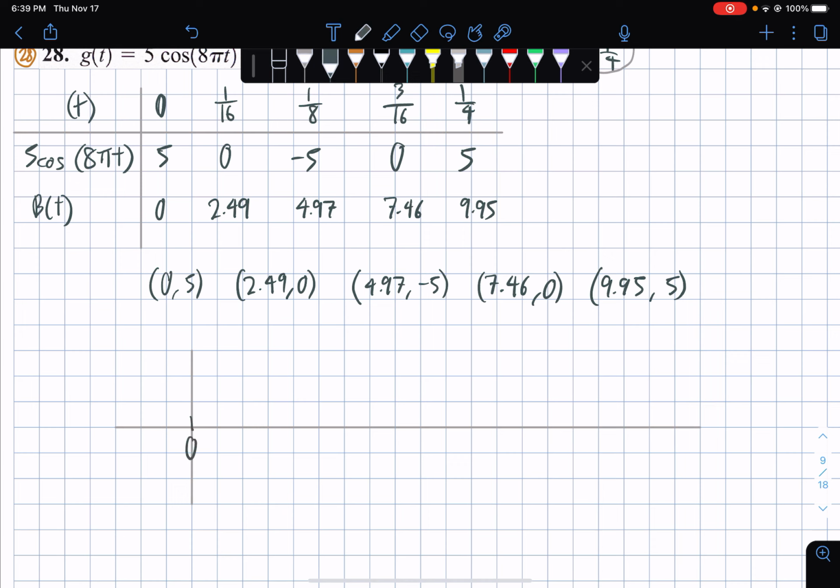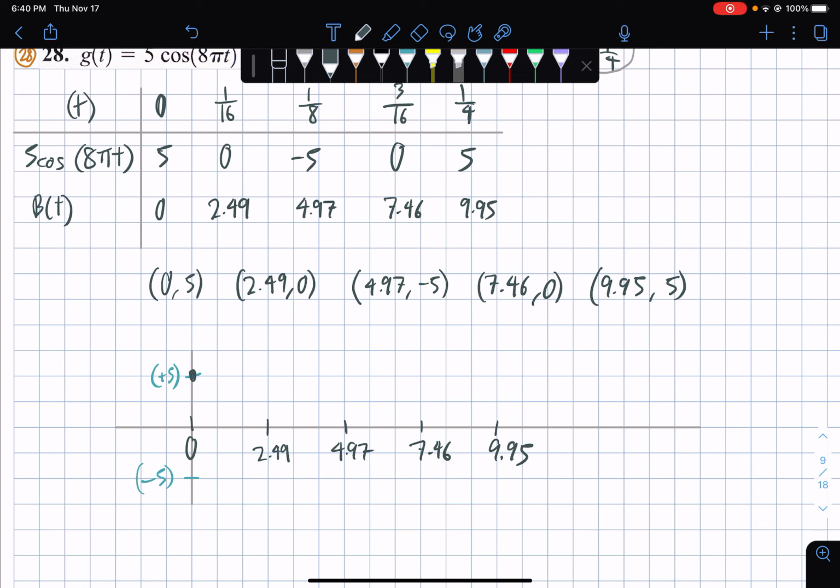So here is the point of origin. We have 2.49. We have here, next is 4.97, next is 7.46, and next is 9.95. The amplitude is 5. So above sea level, below sea level.